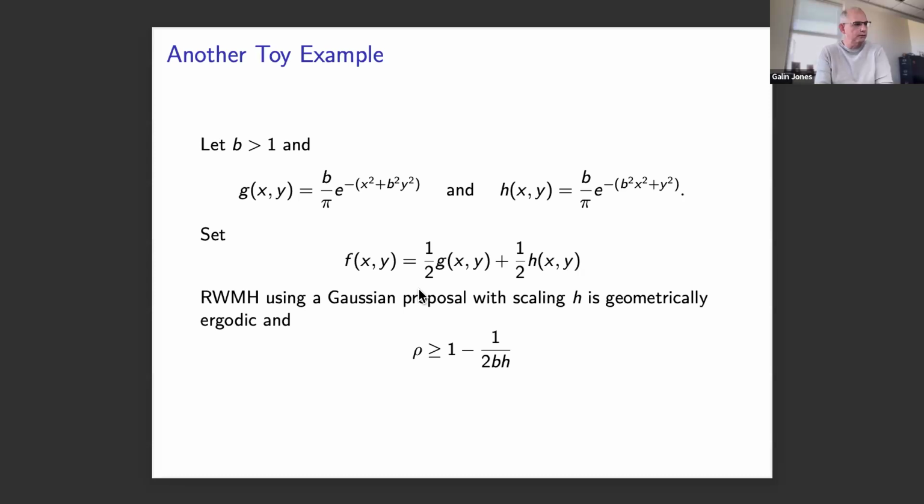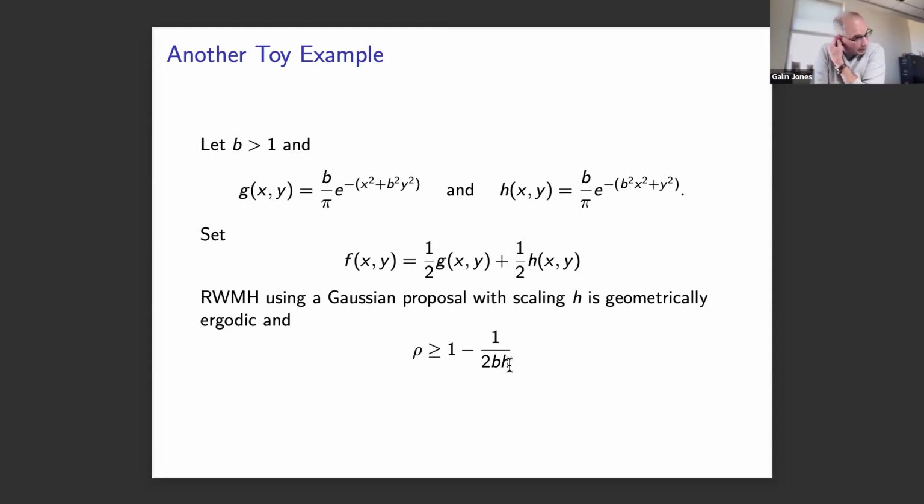So using our result, if you have random walk Metropolis-Hastings with a Gaussian proposal, then Jarner and Hansen established that this Markov chain is geometrically ergodic. But our result says the convergence rate rho is bounded below by 1 minus 1 over 2 times b to the h.